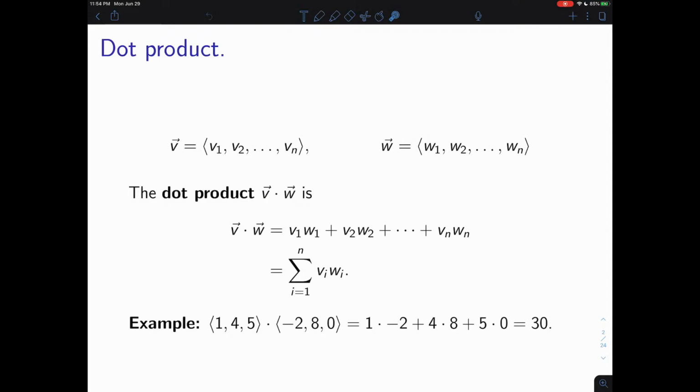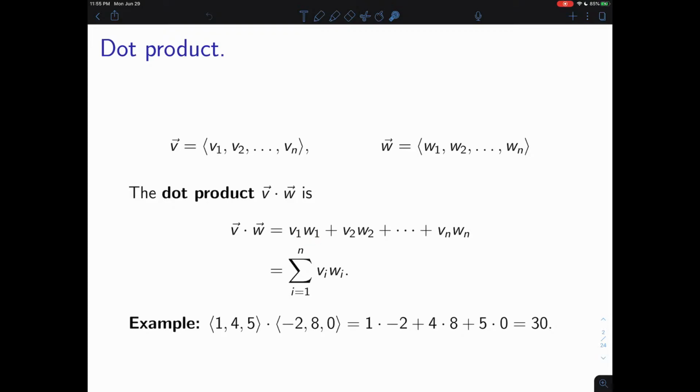So sometimes people say v dot product w, or sometimes people say v dot w. And then sometimes people use other names like inner product or whatever, but I'm mostly just going to say dot.